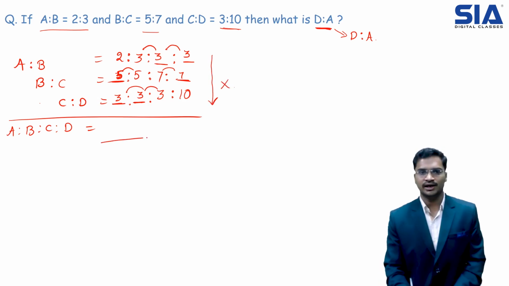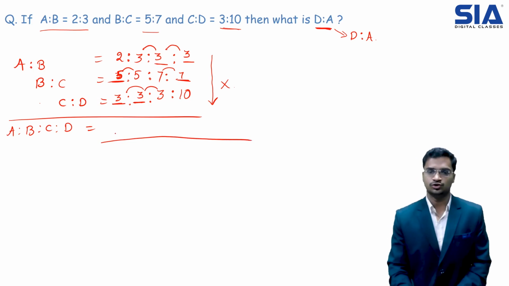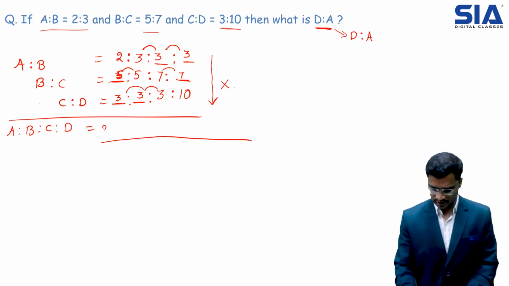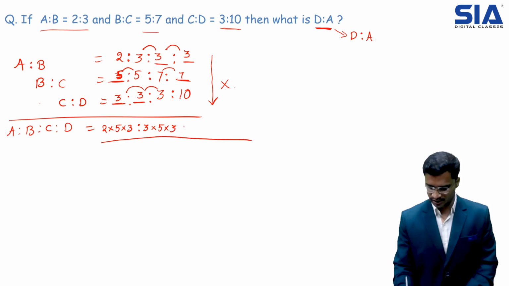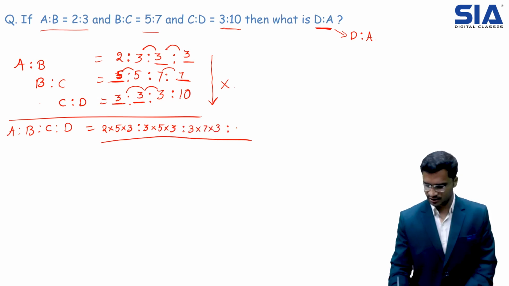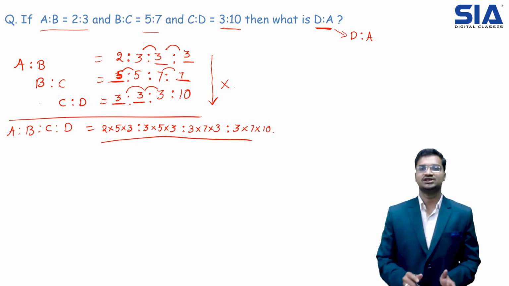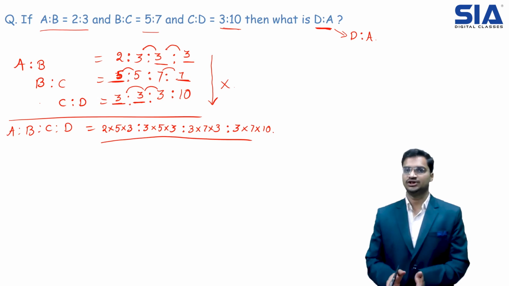So I am getting the values of A ratio B ratio C ratio D: 2 into 5 into 3 ratio, 3 into 5 into 3 ratio, 3 into 7 into 3 ratio, 3 into 7 into 10. So this is the ratio of A ratio B ratio C ratio D.